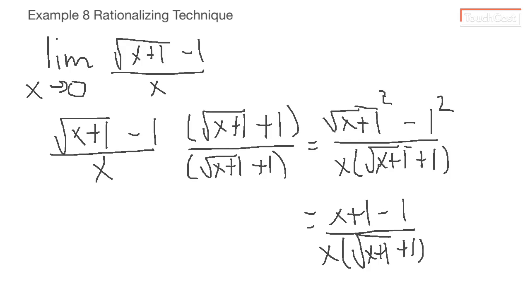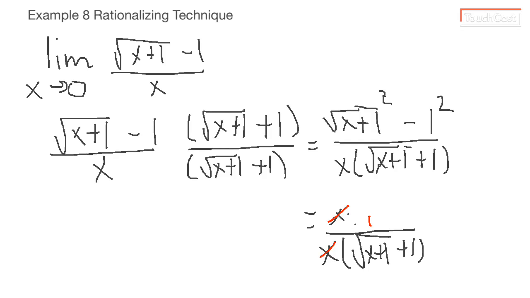And in our numerator, x plus 1 minus 1 is just going to simplify to x, because the plus 1 and the minus 1 cancel each other out. So we can just get rid of that. And now both our numerator and denominator have a factor in common. It was pretty convenient we didn't distribute that x to the square root of x plus 1 yet, because we can cancel it out.